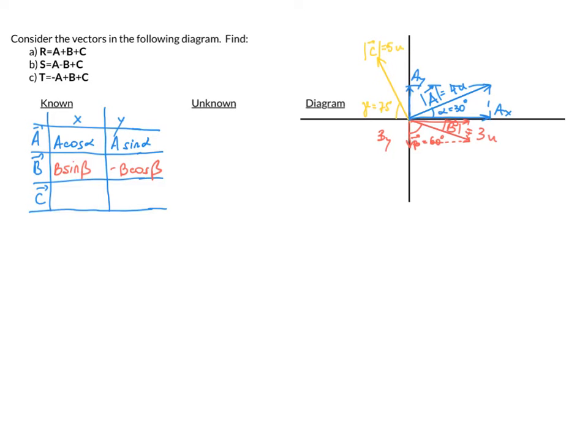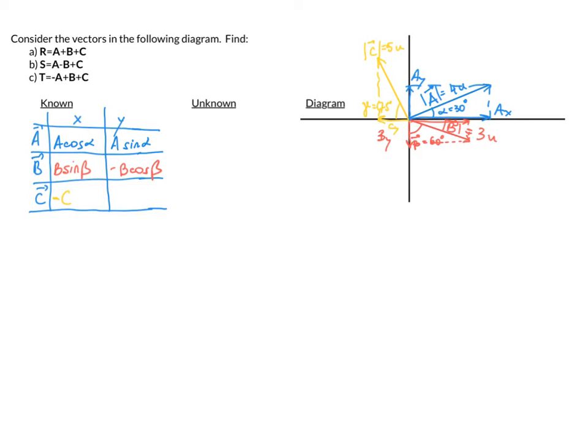Next, I will look at my vector c and notice that vector c makes an angle with respect to the x-axis. So when I project this vector onto the x-axis, onto the negative x-axis really, the x component will be adjacent to the angle. Adjacent means cosine. So I'm going to have here, for the x direction, negative c, negative because it is going in the negative x direction.